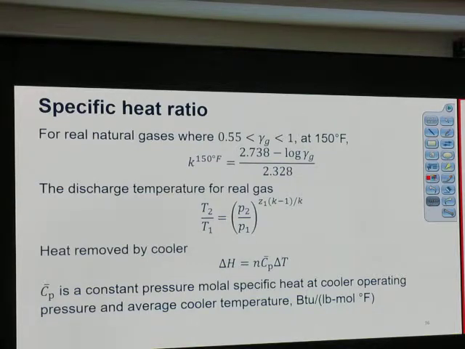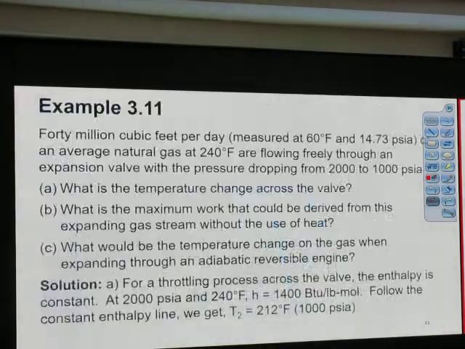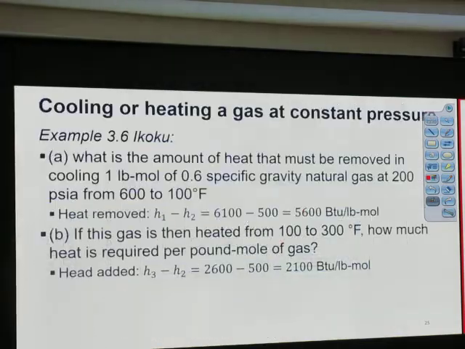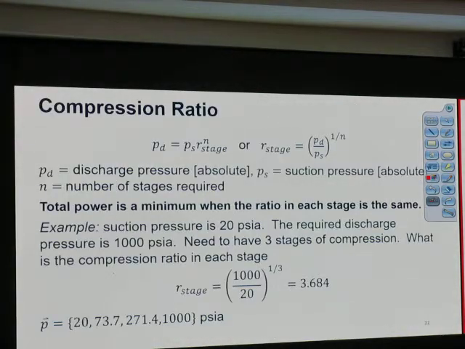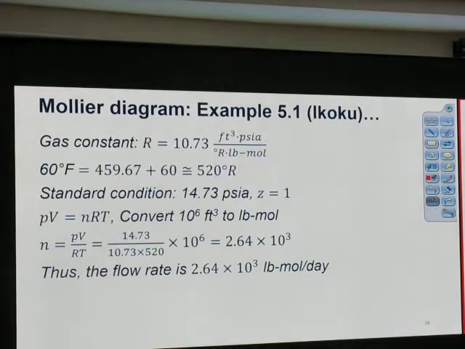Temperature ratio has a direct relationship with pressure ratio: T2 over T1 equals P2 over P1 raised to some value. So if we have different compression ratios, the discharge temperature will not be the same.